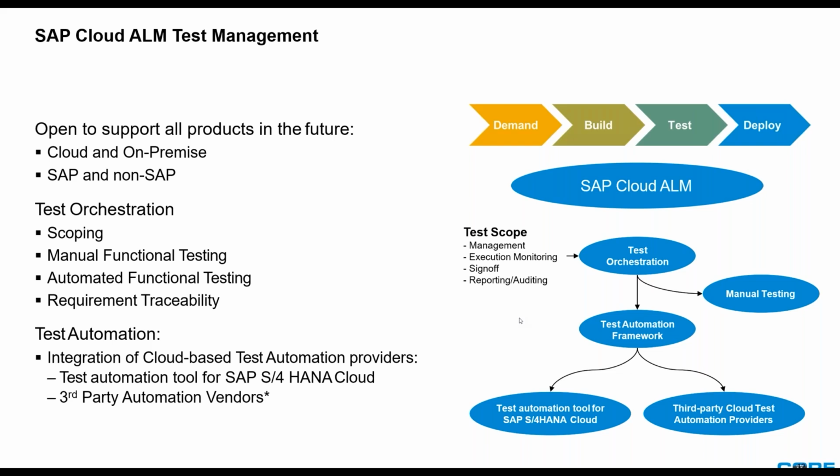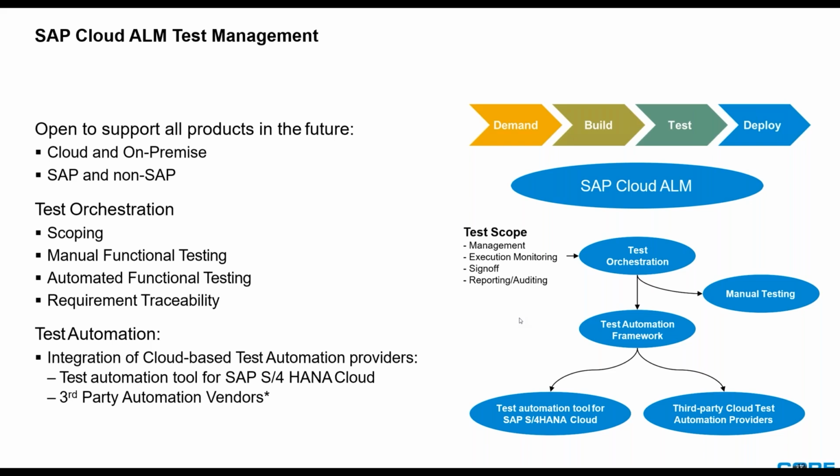In addition to that, there's also defect management, where you could have, within your test orchestration, a way to resolve defects. Also, especially if you have any type of automation tools today, this is where you could integrate Cloud ALM with those third-party automations, and then orchestrate all of the testing directly from Cloud ALM.